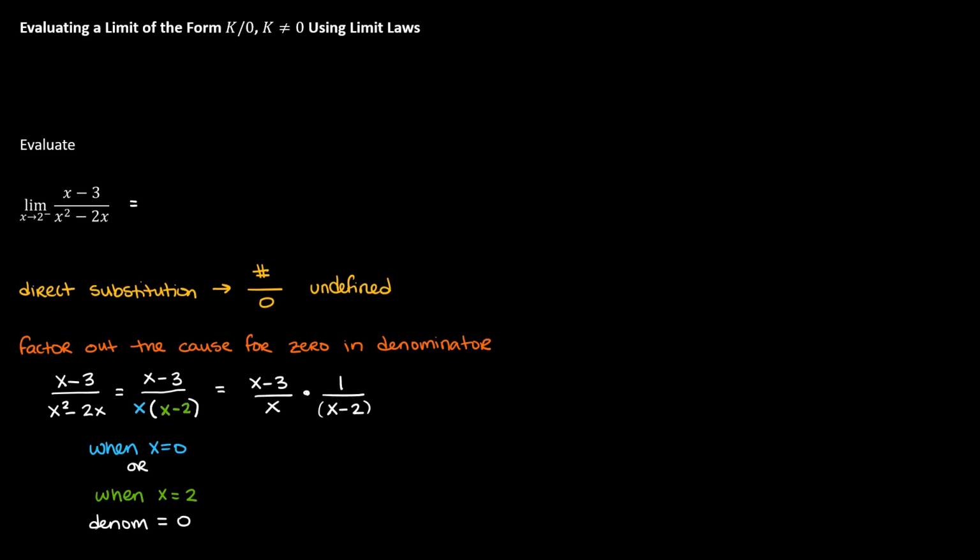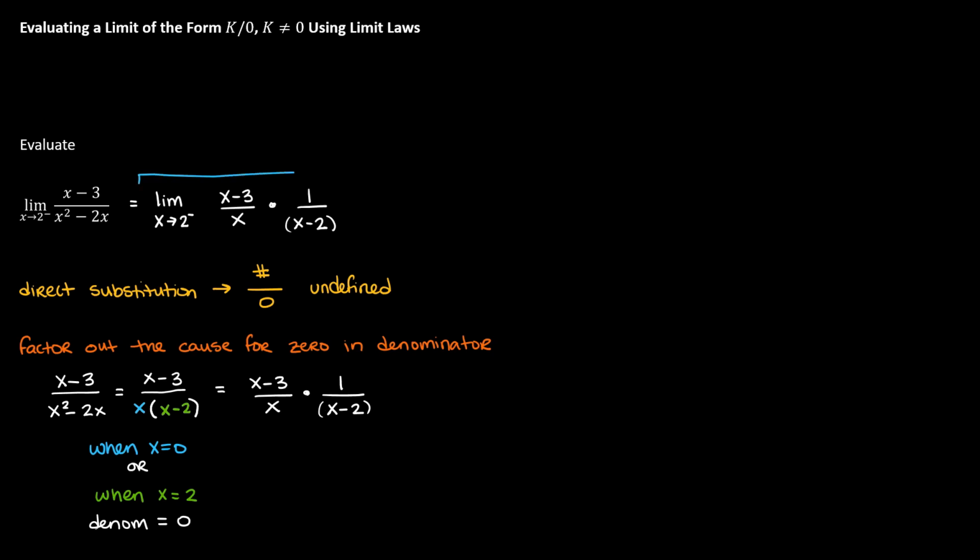We want to separate that from the rest of the factors in the function. We're taking the numerator x minus 3 and grouping it with that factor x that's not causing any problems, and we're isolating the 1 over x minus 2 factor because that is what's giving us the 0 in the denominator, causing this to be undefined.